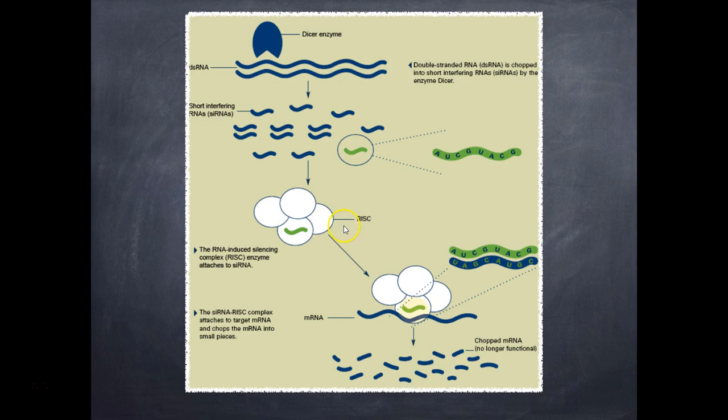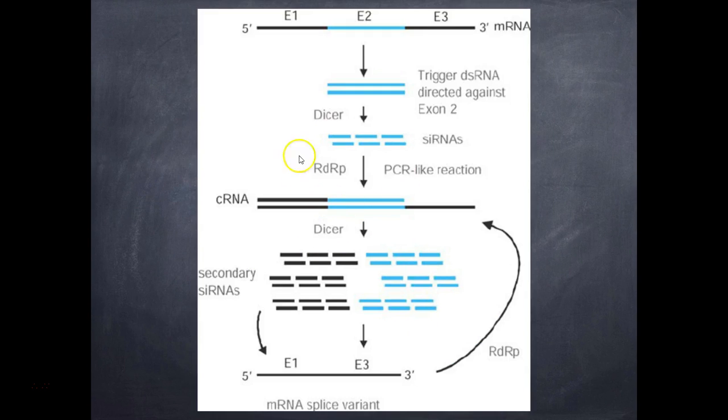And in mammals, particularly, not prokaryotes, not all eukaryotes, but in mammals, this process can even be amplified through something called RDRP, or RNA-dependent RNA polymerase. RDRP functions by taking the siRNAs that bind to RISC, reading them, and replicating them over and over, as seen here, to create more and more RISC complexes so that any mRNA molecule carrying that particular sequence can be destroyed more quickly.